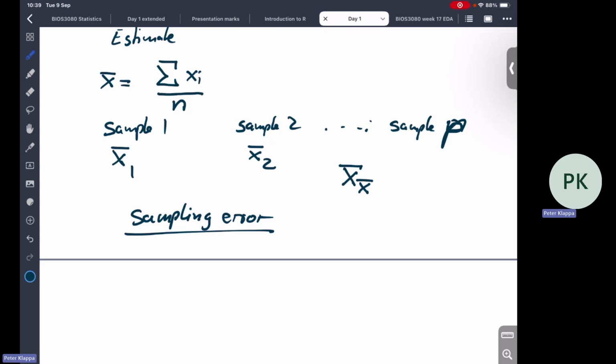So 178, 175, 172, 174, maybe another 175 or something like that. I do that very, very often. And what we will find is that this mean of the sample means is probably a true reflection of the true population mean.